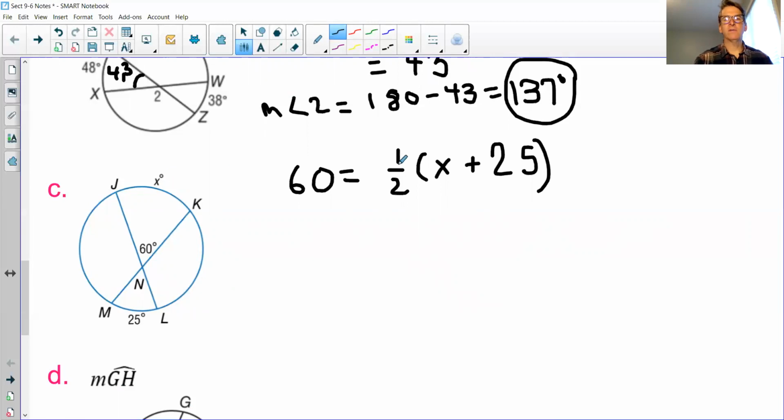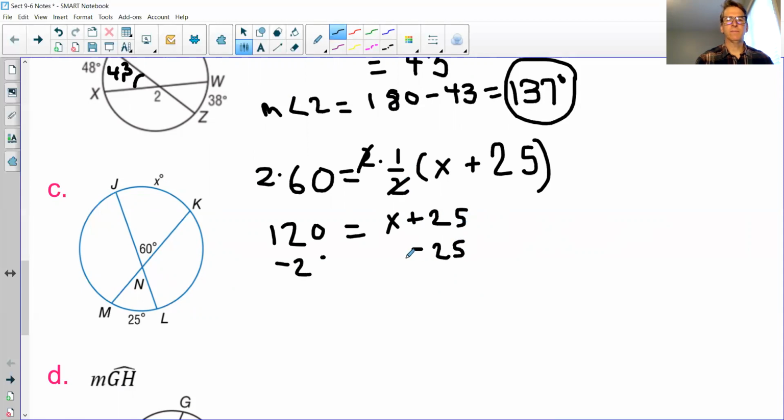Let's get rid of this half first by multiplying both sides by 2. So you get 120 is equal to x plus 25. Subtract 25 from both sides. You have x is equal to 95.